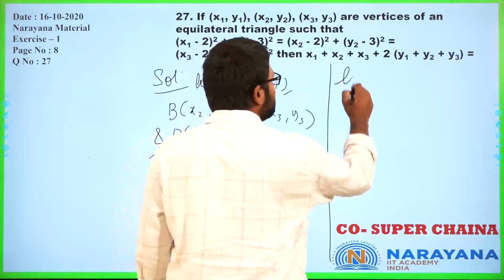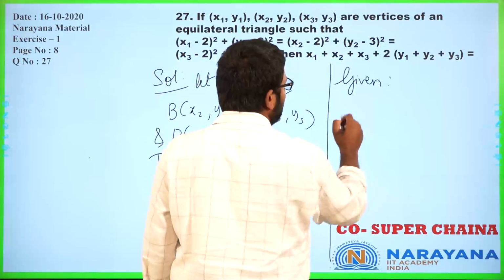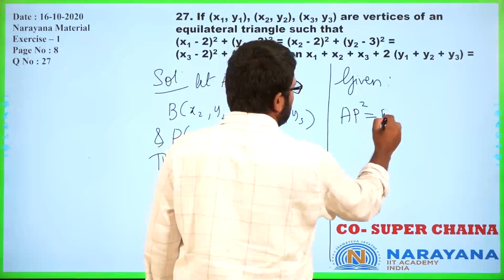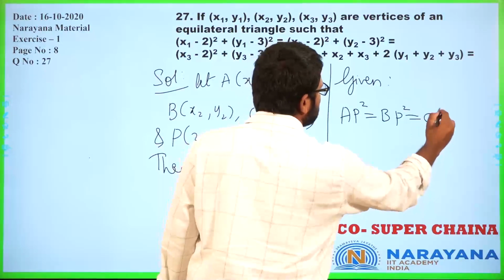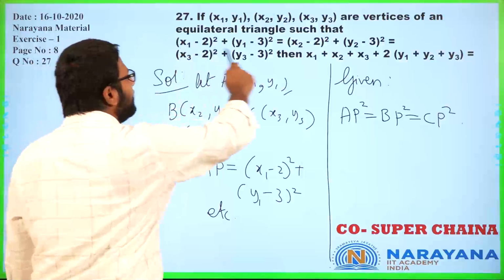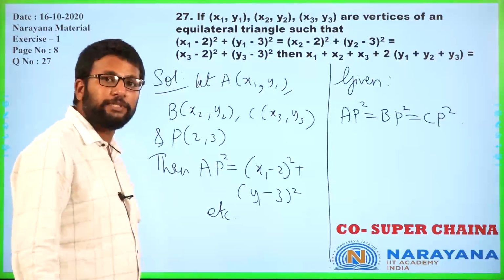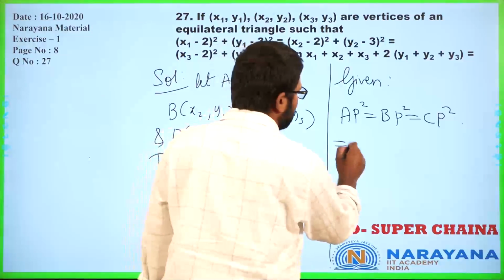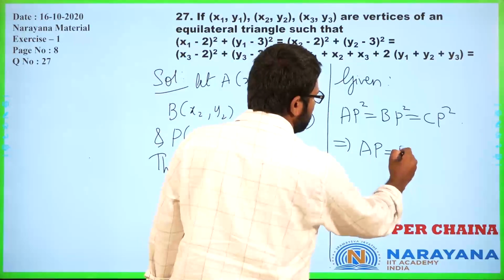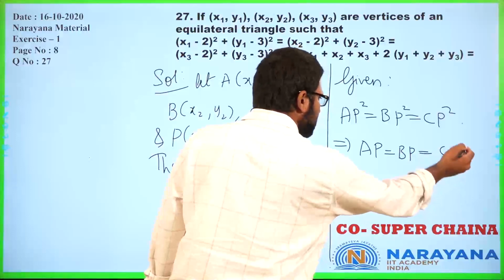It is given that AP square equals BP square equals CP square. This whole information we have compressed into this form. From that we can conclude that AP is equal to BP equal to CP.